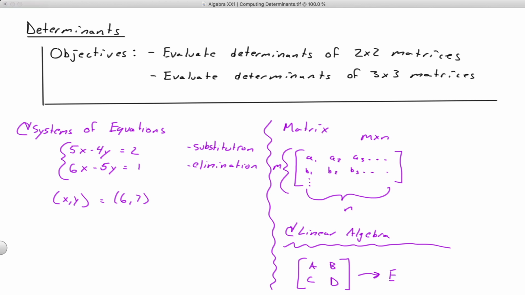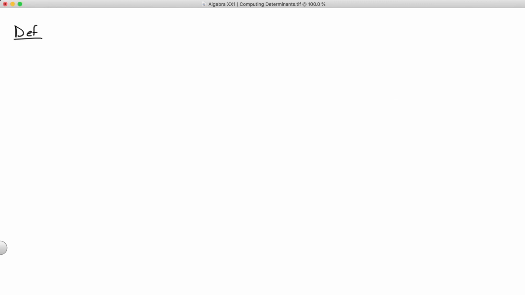Now that's a lot of background, big picture, summary info, but I think this will start to make more sense when we actually get into computing some of these. So let's try to define here what is in fact a determinant. Like I said, these are going to be defined on square matrices, and first we'll start with just a 2x2 grid.